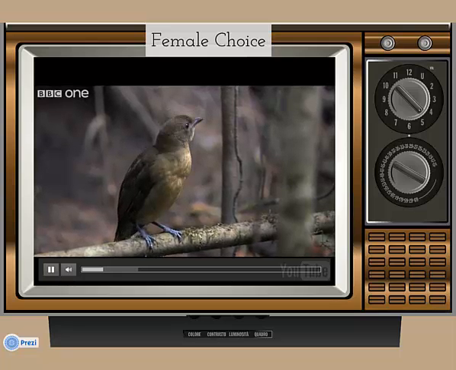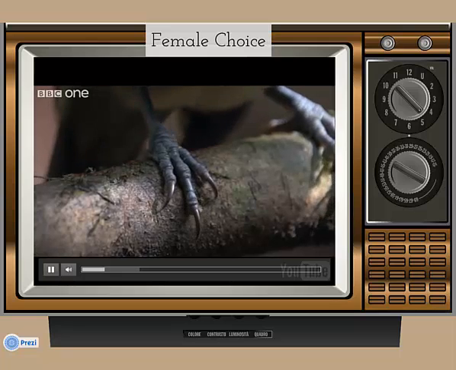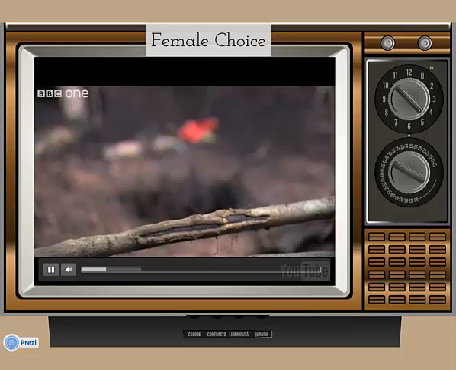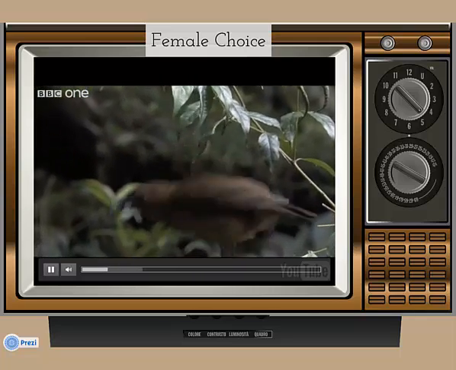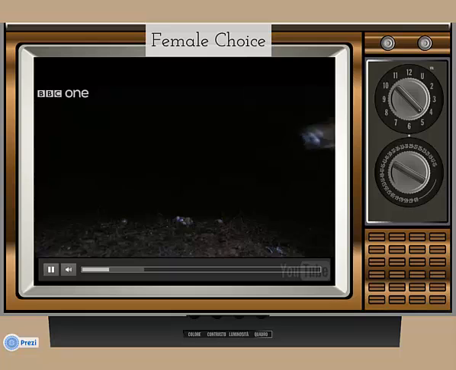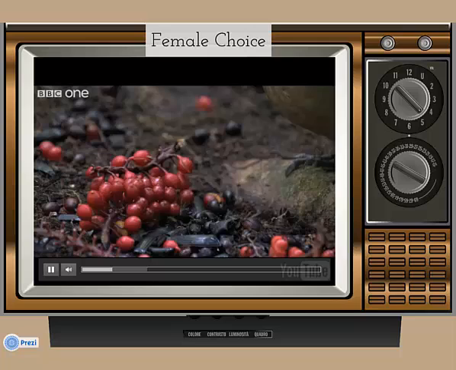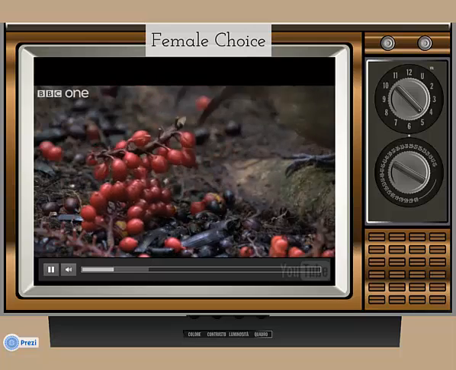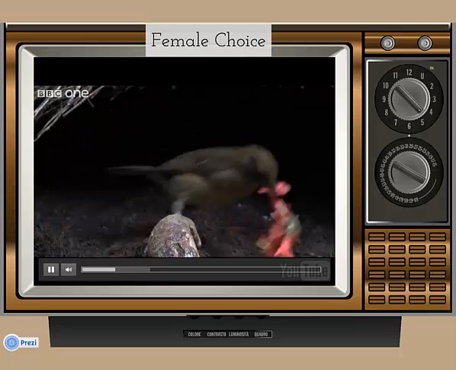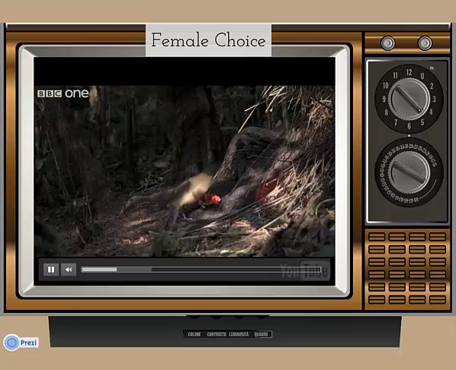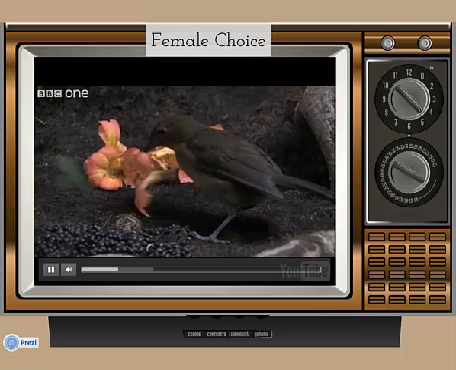And that, a sulphur-crested cockatoo. Even more surprising, he's an avid collector, with a very appreciative eye for colour. This male favours red and orange flowers.